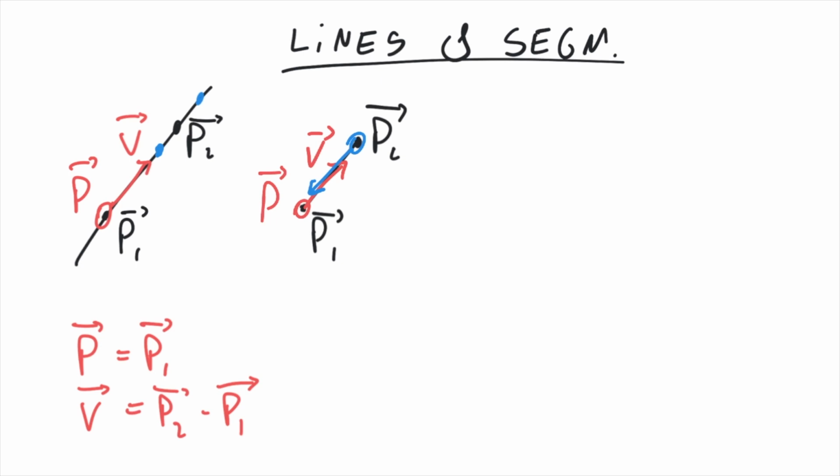It depends on your interpretation of what's going on. So if your object is a line, you know that it's infinite and you can move either in the direction of V or against it. And if your representation is about a segment, then you know that you have two endpoints. You should move in the direction of V, but only before hitting the other endpoint.